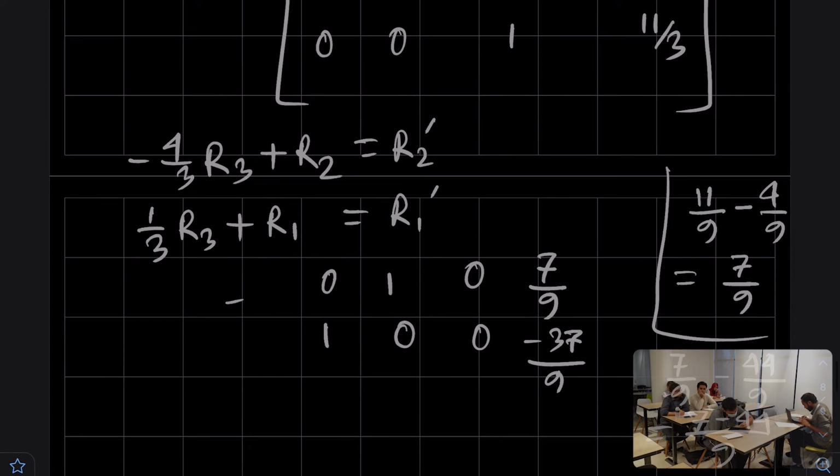And the final row is 0, 0, 1, 11 over 3.